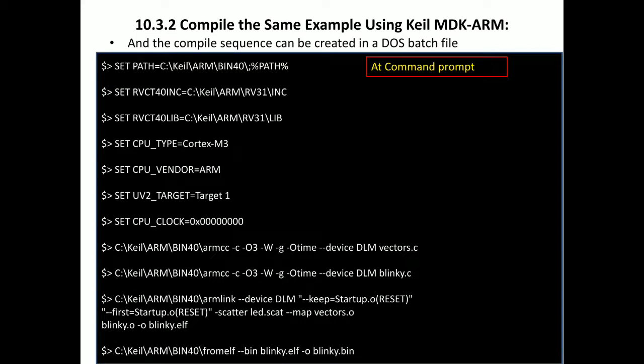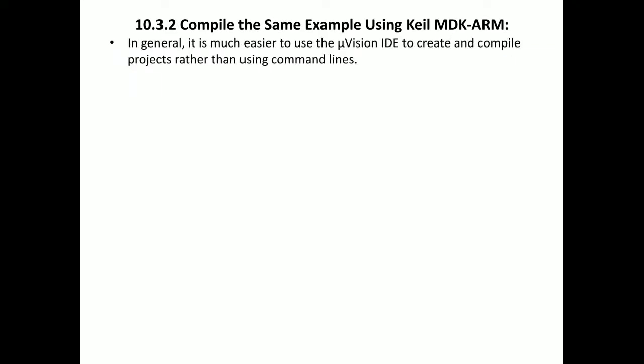Then finally you will generate a binary file using the fromelf command. This is how we set the path after installing the application, and execute the compiling step, linking step, and binary file generation step. In general, it is much easier to use the Microvision IDE to create and compile projects rather than using command lines.